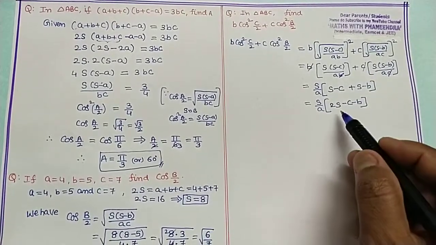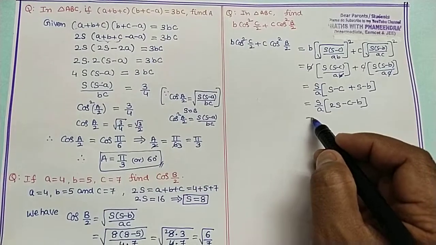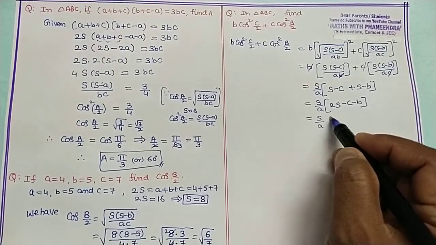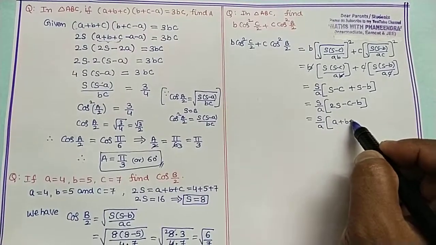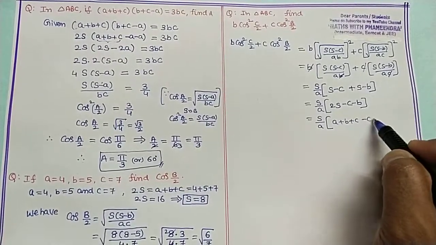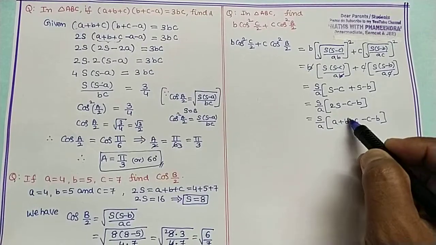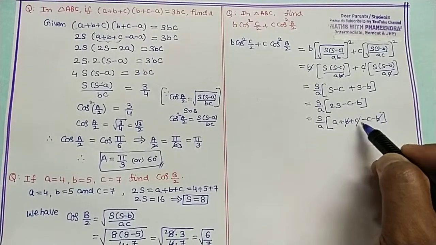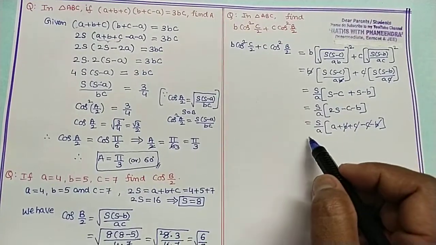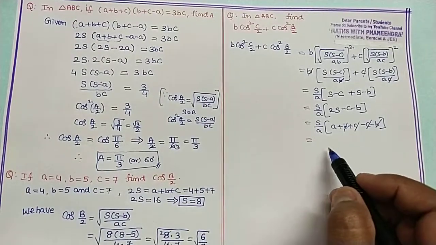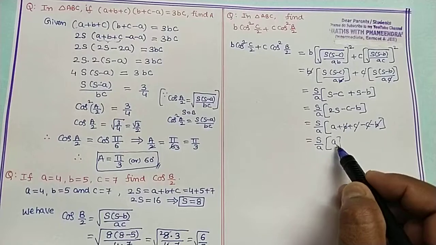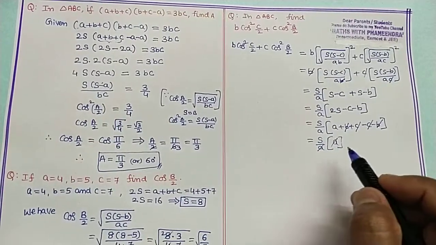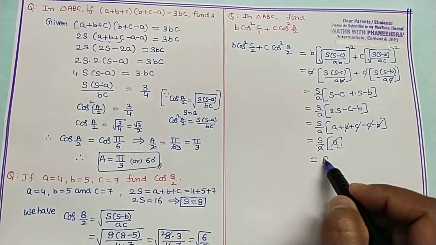We know that 2s is equal to a plus b plus c, no? So s by a into (a plus b plus c minus c minus b). So plus b minus b gets cancelled, plus c minus c gets cancelled, which is equal to s by a into a. Here a gets cancelled, which is equal to s.